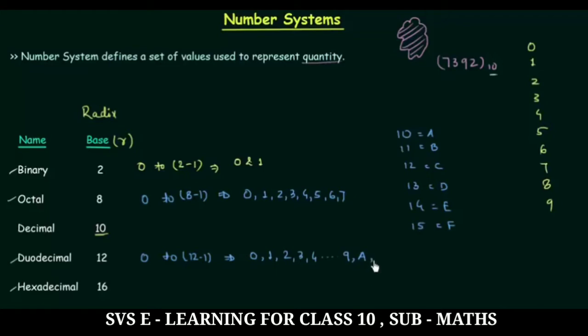So 10 is A, 11 is B, and we only have 12 distinct digits from 0 to 11. So we will have 0 to B in case of duodecimal number system.